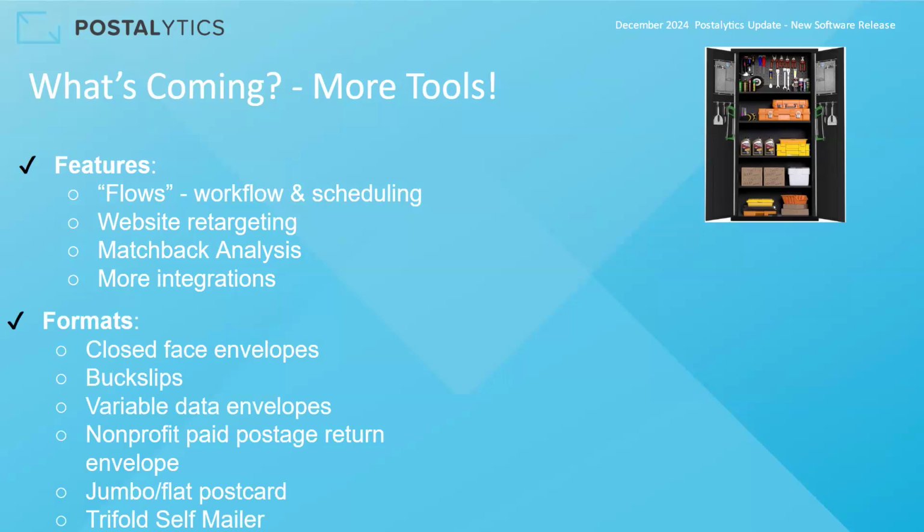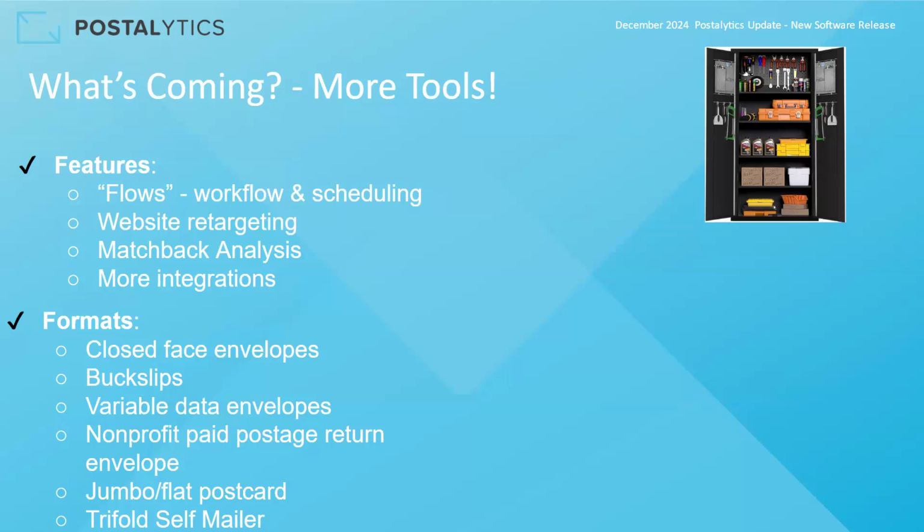You've probably noticed in 2024, we've been rolling out more formats. That is going to continue and accelerate. So lots going on the letter front, closed-faced envelopes, meaning no window, so the address would be printed on the exterior of the envelope, along with other customized offerings.